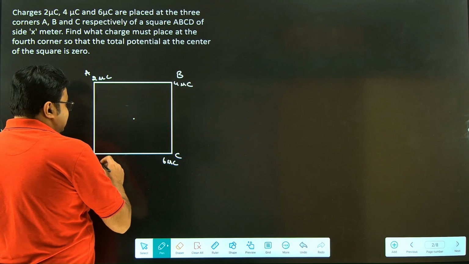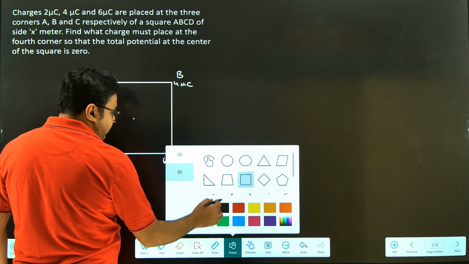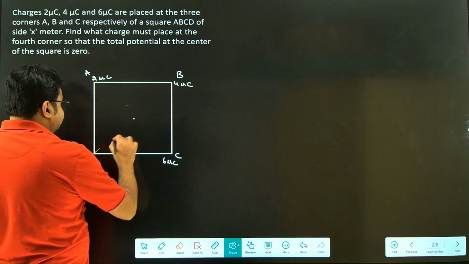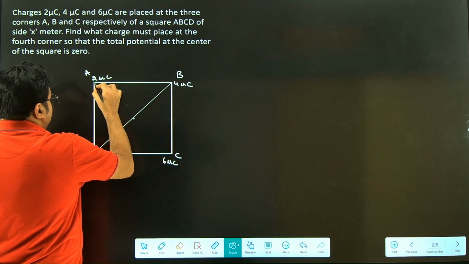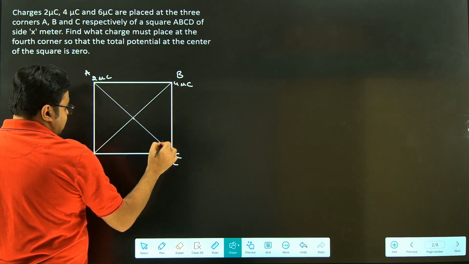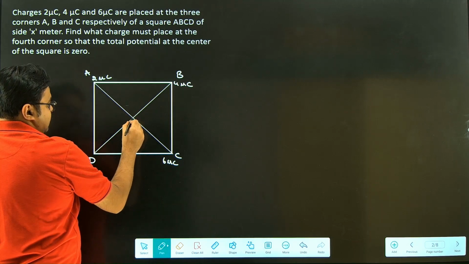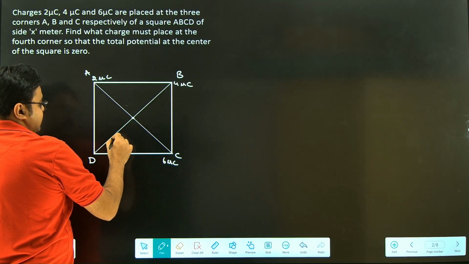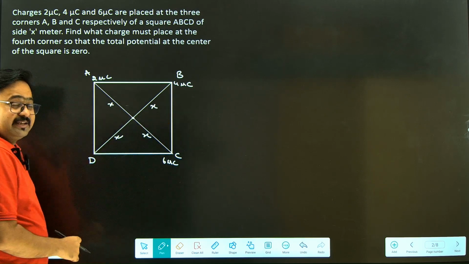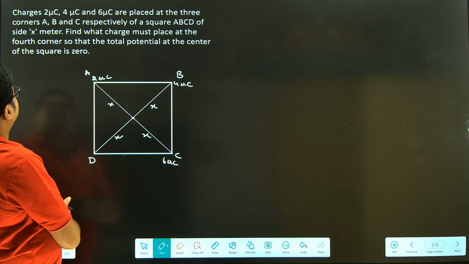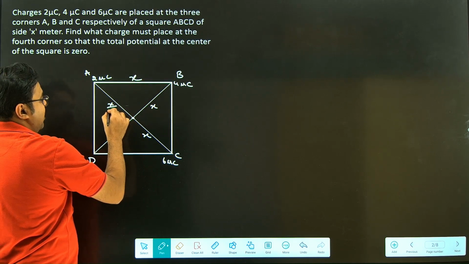Let's say that the distance from the corners of the square to the center is x. This distance is x, this is x, this is x and this is x. Of course, if the side of the square has been given to you as x, then this can be x by root 2.